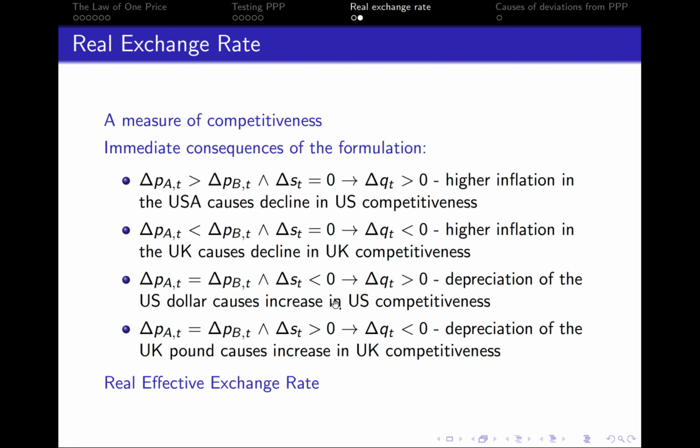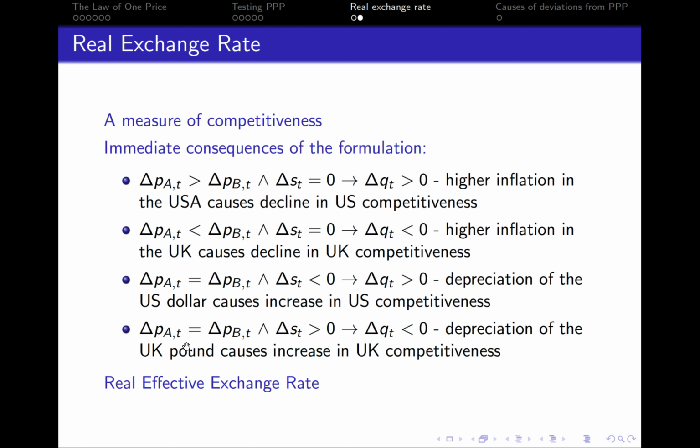So as you see, depreciation of US currency or appreciation of British currency will cause British competitiveness to go up.